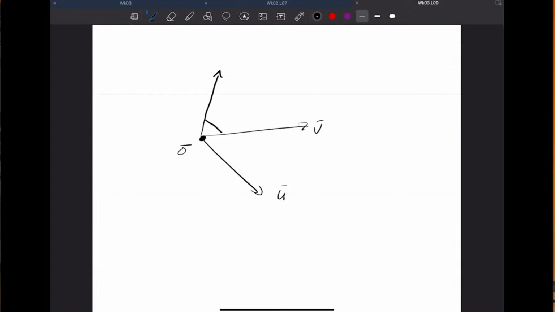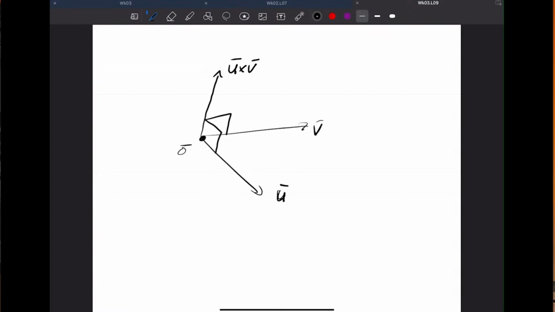And what you should remember is that the cross product, u cross with v, is always at 90 degrees, or perpendicular, to the two inputs that you give in the cross product. So u cross with v is a new vector, and that new vector is perpendicular to the vector u and is also perpendicular to the vector v.